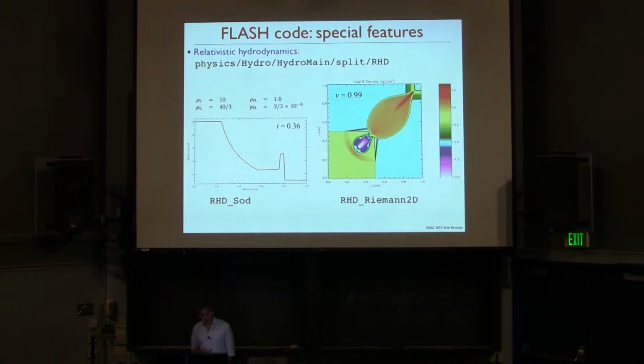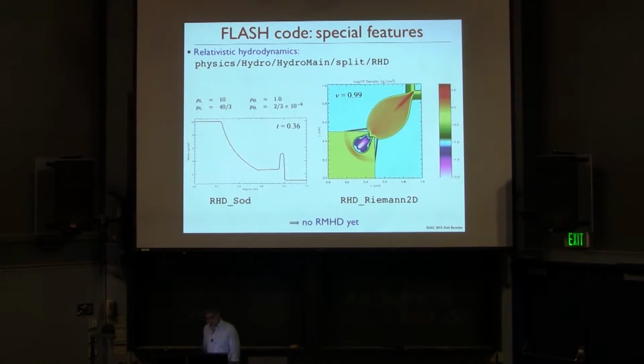And here, just to show you some results from these simple setups. Notice that the velocities acquire about 99% of the speed of light. So this is quite dramatic, and the code doesn't crash at this point.